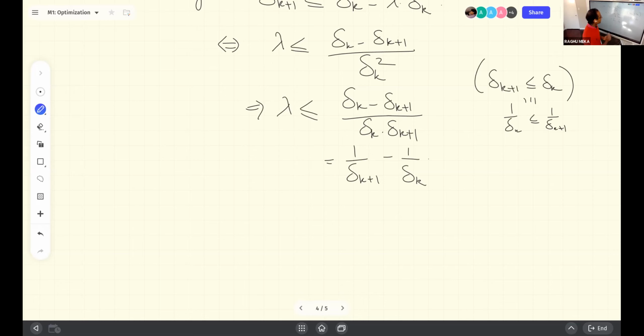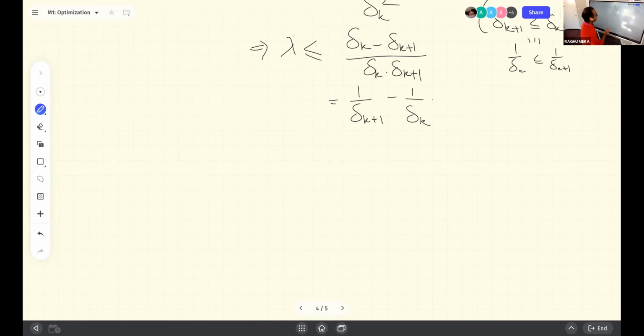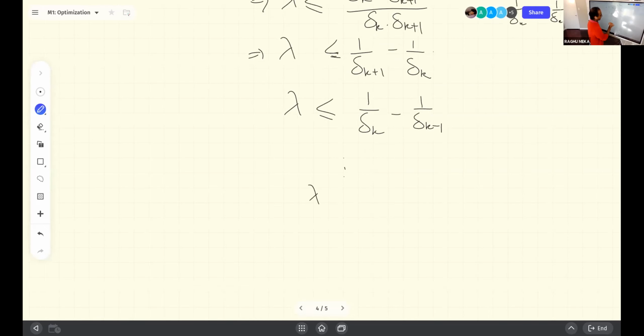Okay? So for instance, what does this tell me? It tells me that lambda is less than or equal to this much, and in the same way I also get it for delta k minus 1, and so on, right? Lambda is less than or equal to 1 over delta 1 minus 1 over delta 0.